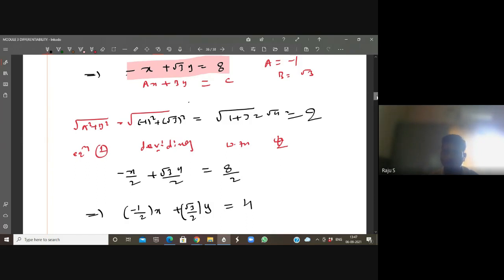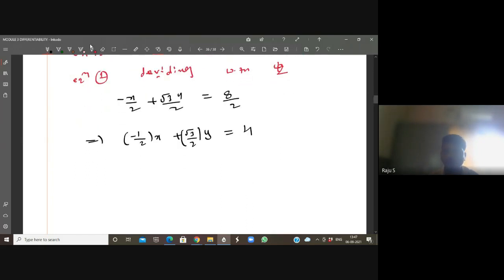Now see here, this is in the form of the standard form, cos alpha into x plus sin alpha into y is equal to p. When I compare that, cos alpha is equal to minus 1 by 2, sin alpha is equal to root 3 by 2.